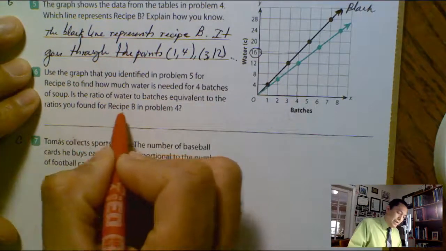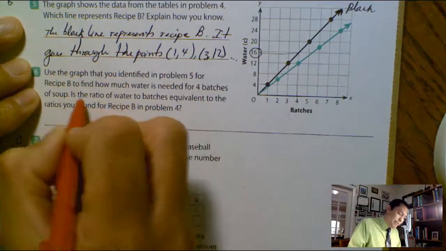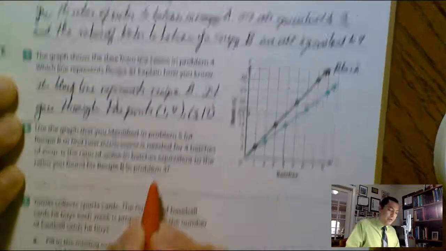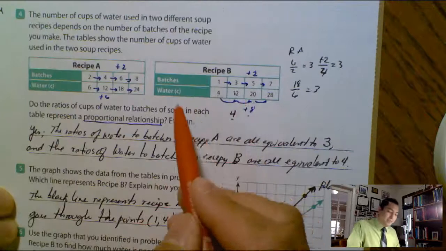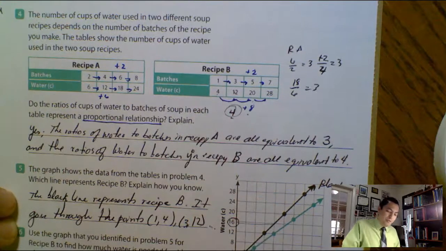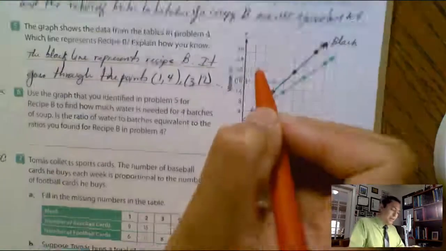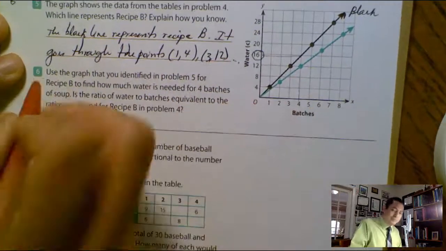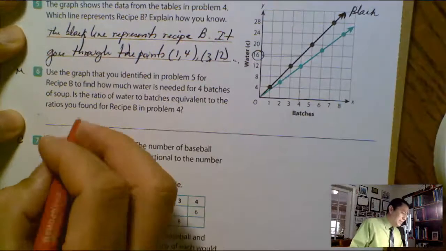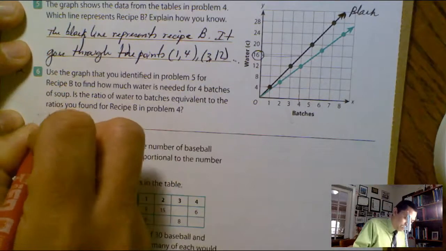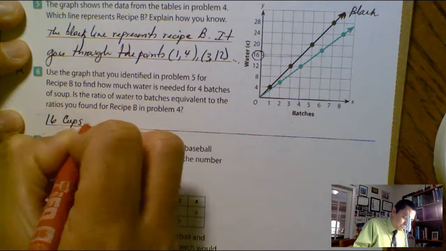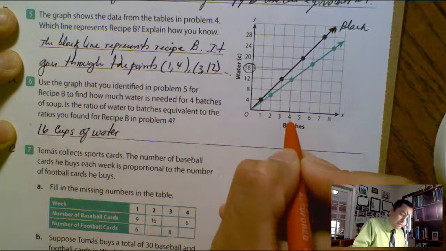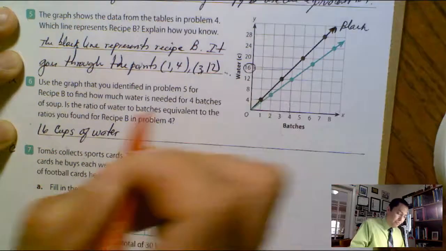So we go 4 and 16. Because we're using the graph, it is kind of a medium problem. So in this case, 16 cups of water. Remember that we found it just going by batches.